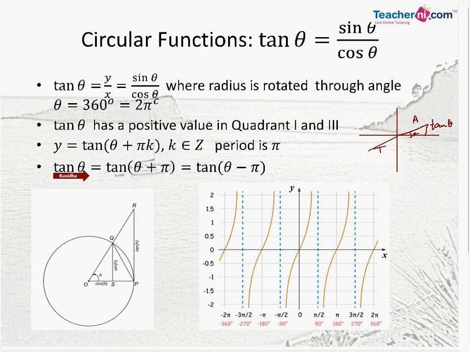Whatever value you get for tan theta, you get the same value for tan of theta plus pi as well as tan of theta minus pi. So that means sine and cos have a period of 2 pi and tan has a period of pi.